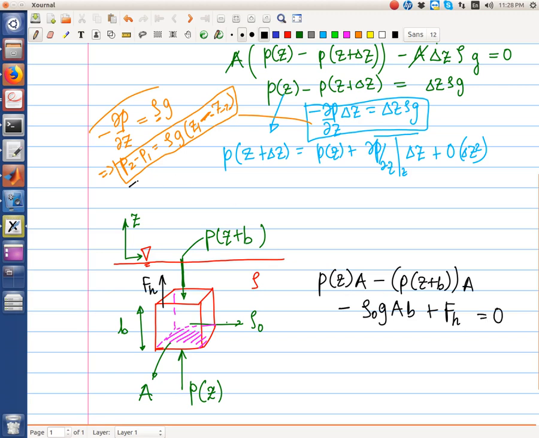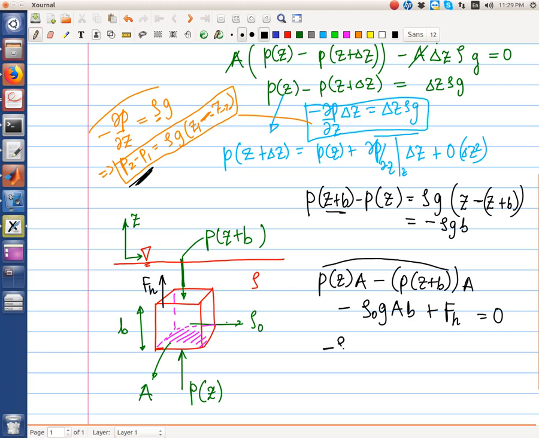But now we have just seen that from this expression, P at Z plus B minus P at Z is equal to rho into G into Z1 minus Z2, which is Z minus Z plus B. This is equal to minus rho G into B. So these two terms become minus rho G B times A. This is P of Z minus P of Z plus B, so this becomes plus.